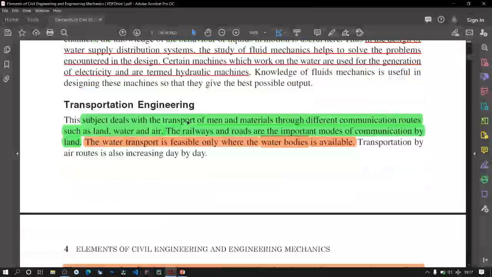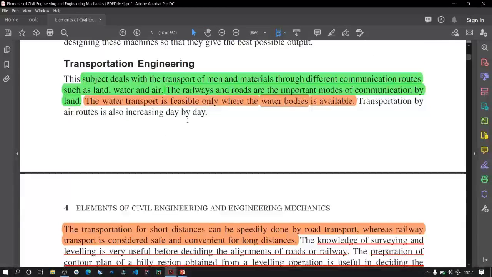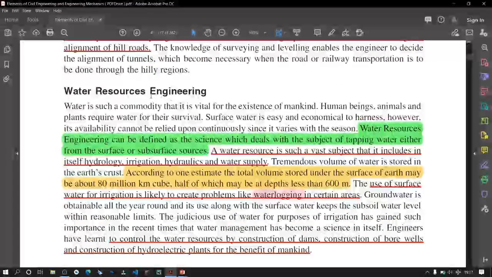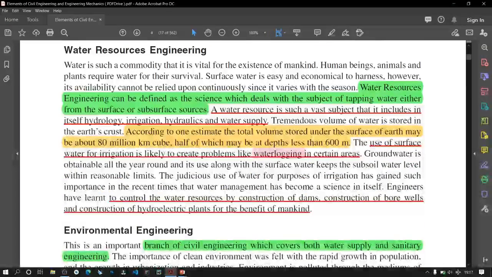Like dams, we use river water or seawater to get electricity from it. Water resources engineering is about how to protect water resources like groundwater and rainwater, how to store and reserve them, and how to protect that clean water for our use by technology.